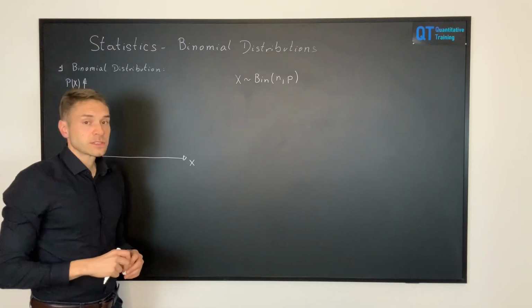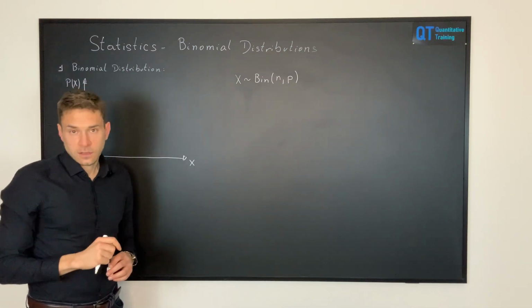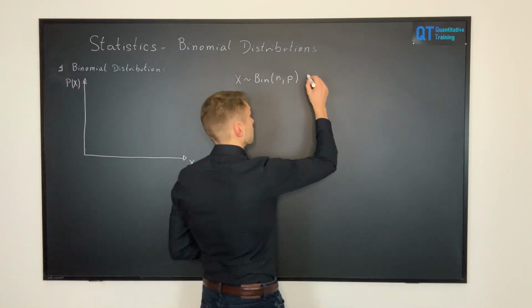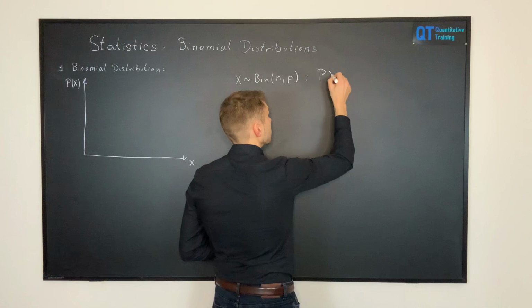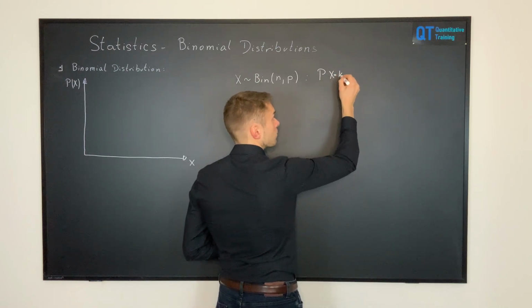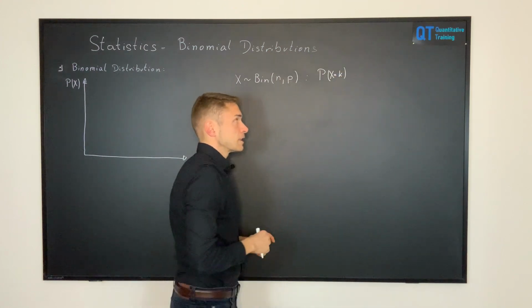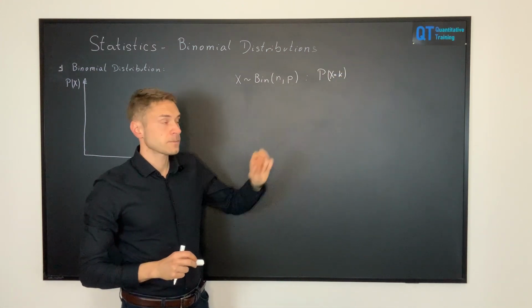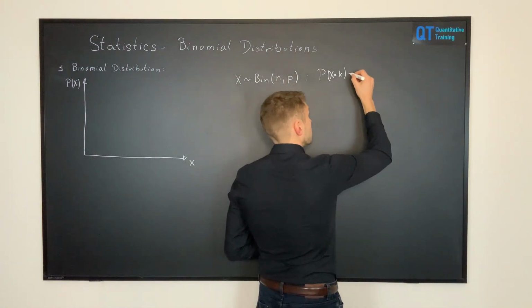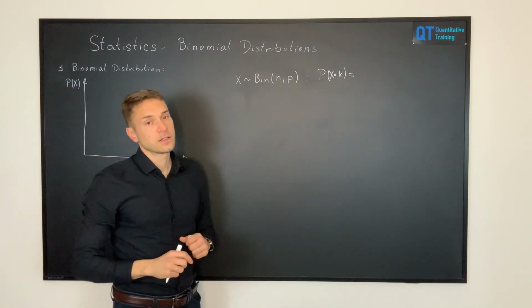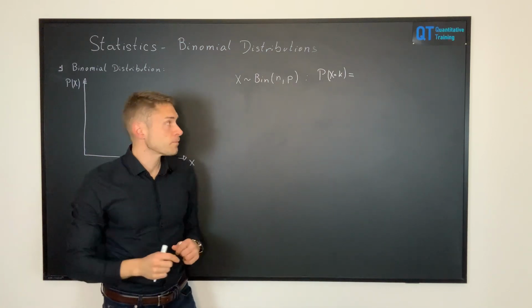And the associated probability law for the binomial distribution would look like this. You have the probability of a certain random variable to be k, so that means that you would expect to have k successes. And it is called a binomial distribution because the first term in the probability law is the binomial coefficient.